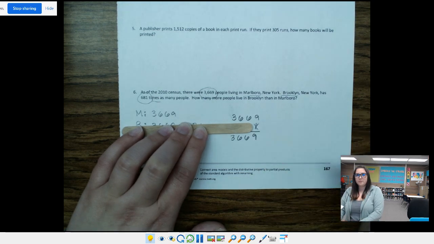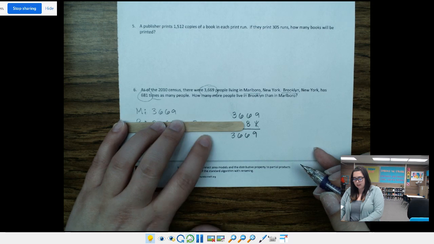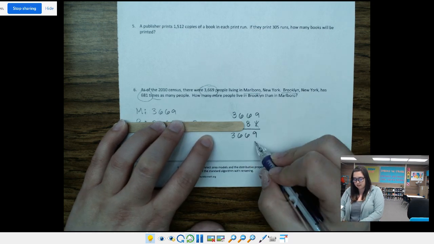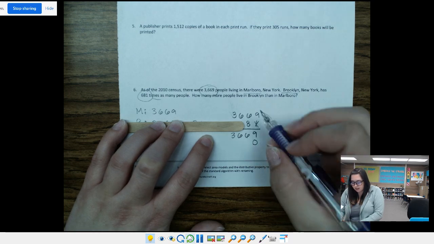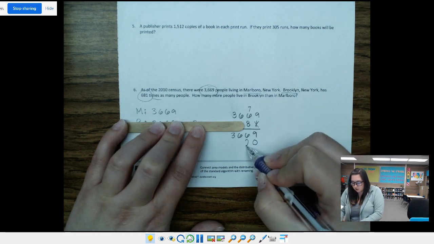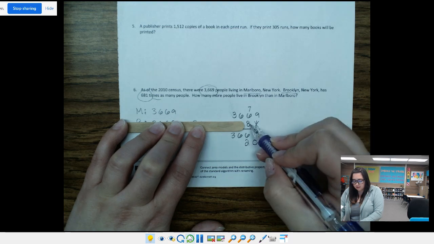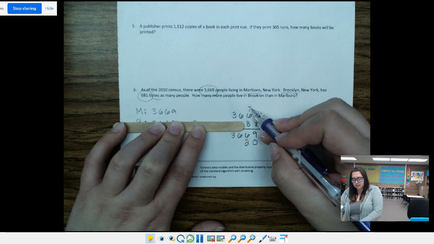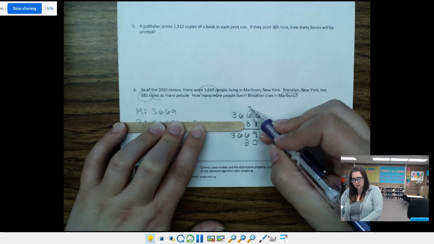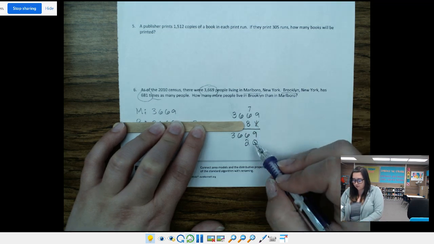Done with the 1. Now let's multiply by 8, but it's not really an 8, it's an 80, so I'm going to add a 0. Now I'll multiply. 8 times 9 is 72. 8 times 6 is 48, plus 7 would be 55.